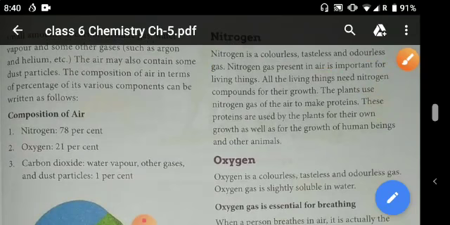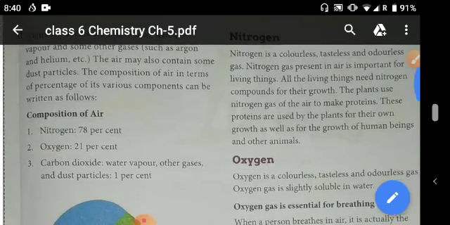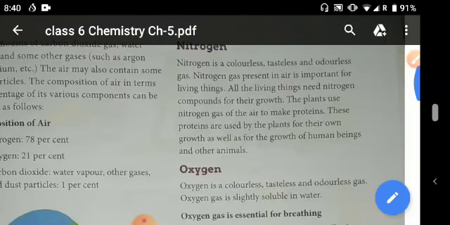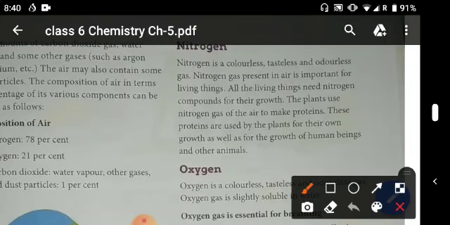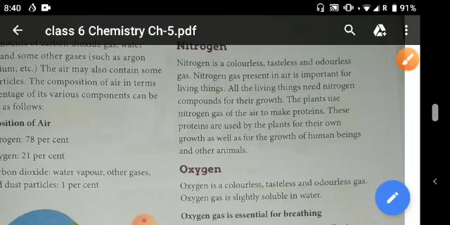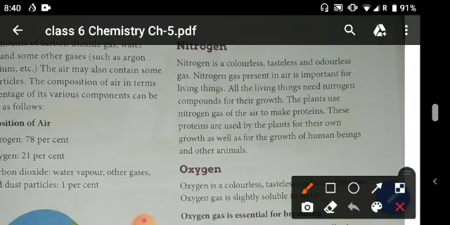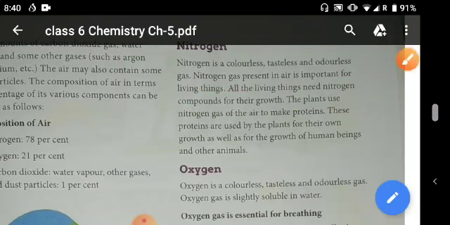Nitrogen gas present in air is important for living things. This nitrogen is also important for living things like oxygen. It is also very important. All living things need nitrogen compounds for their growth. That means nitrogen compounds help in the growth of living beings.